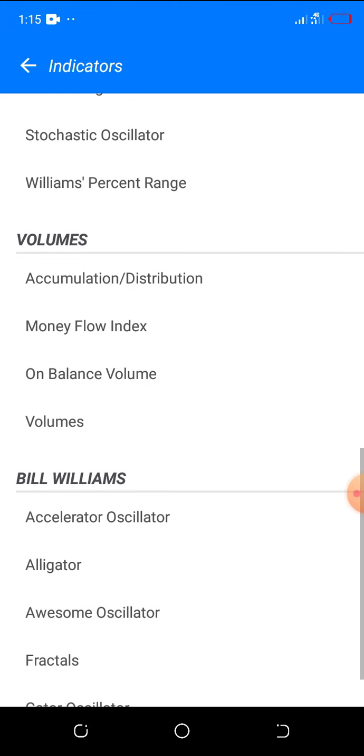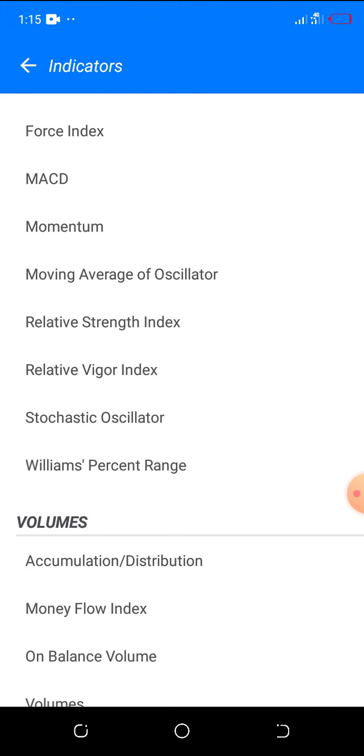So volume means how much lot size are people putting for selling?